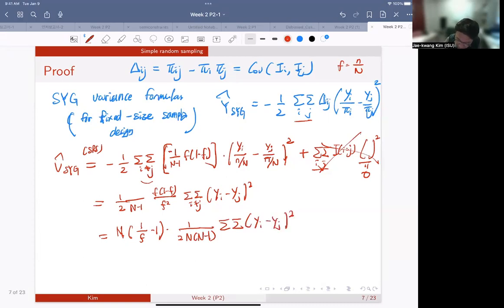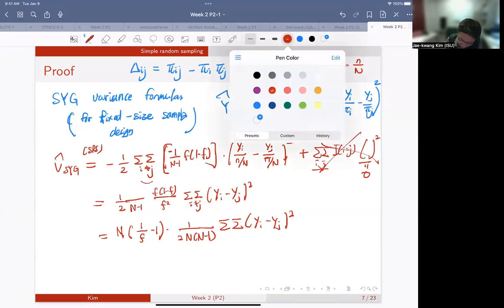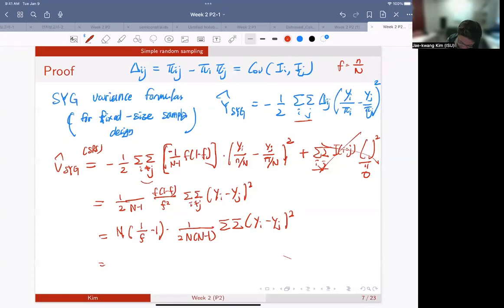Then you can write it as n squared over n times 1 minus f, and you can call this one S n squared. That actually gives the proof. You may wonder what happened to the summation, which now changes to a summation over ij pairs, because when i equals j, the cross square term is 0 anyway, so it does not make any difference.